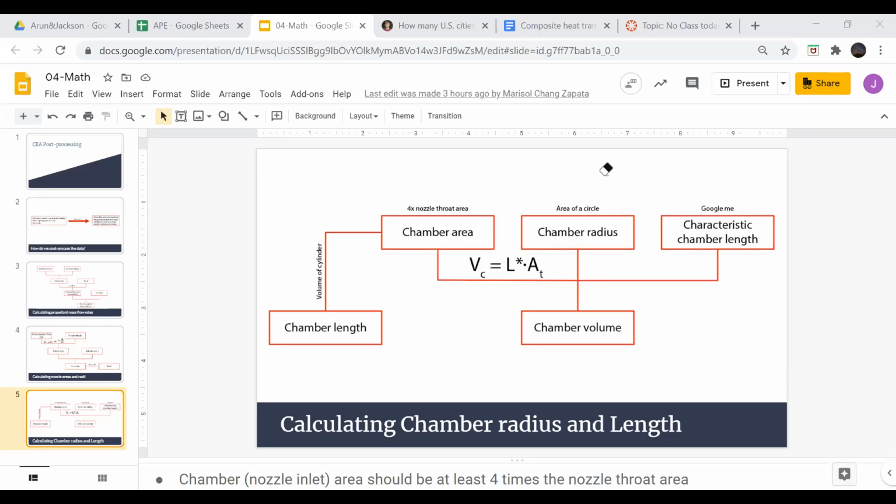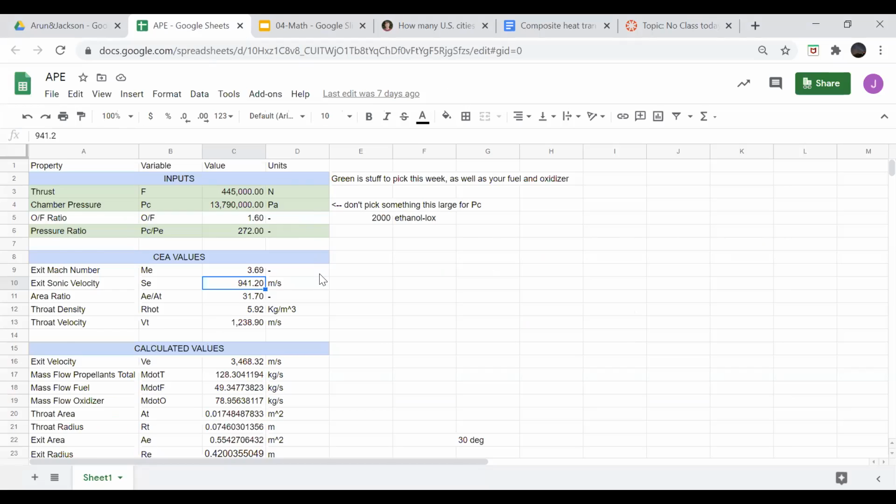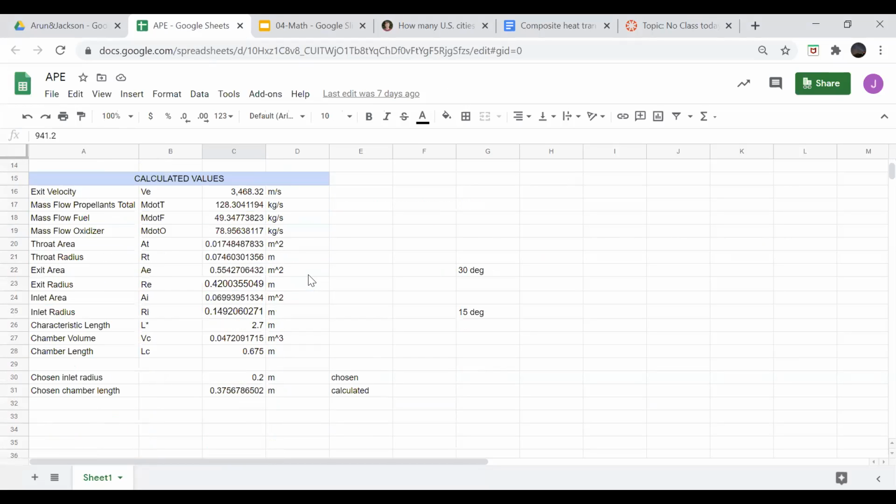Unless you're using something really weird and kind of bad, it'll be under 2 meters. You don't really lose much by having extra length. Don't make it absurdly long, because that's harder to build and also heavier, but it doesn't matter a ton.